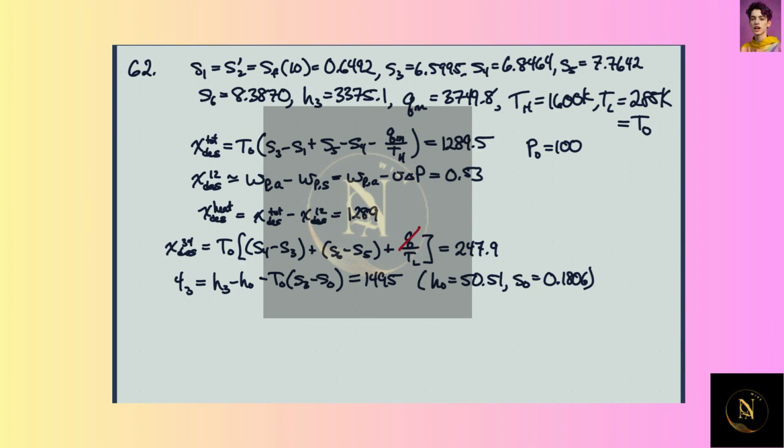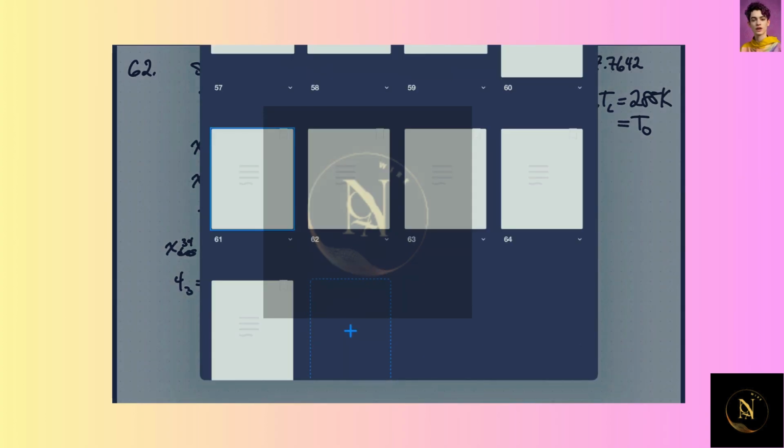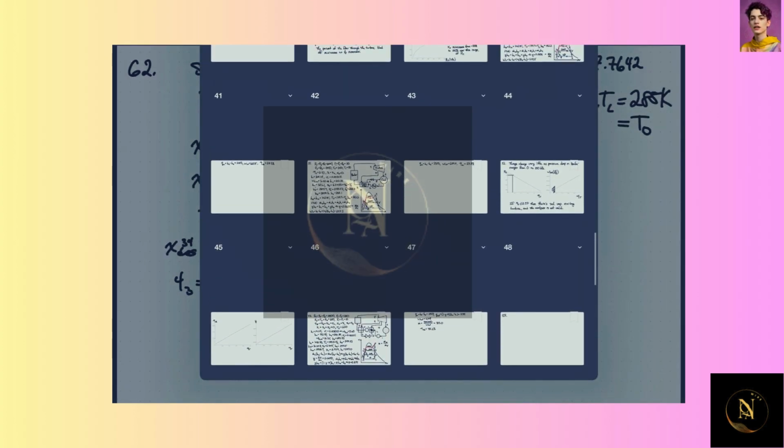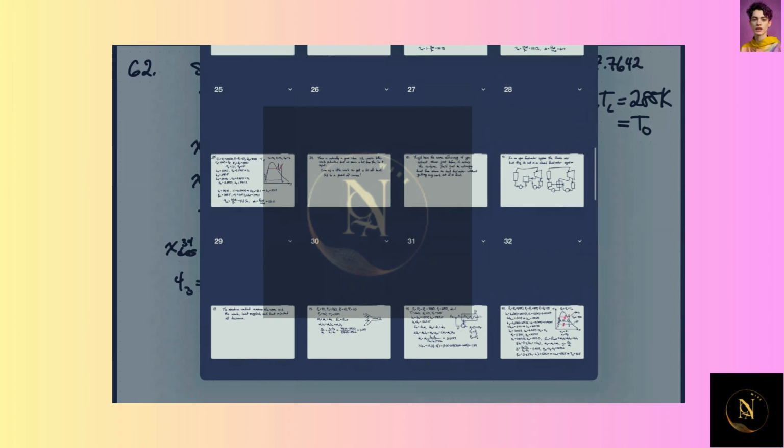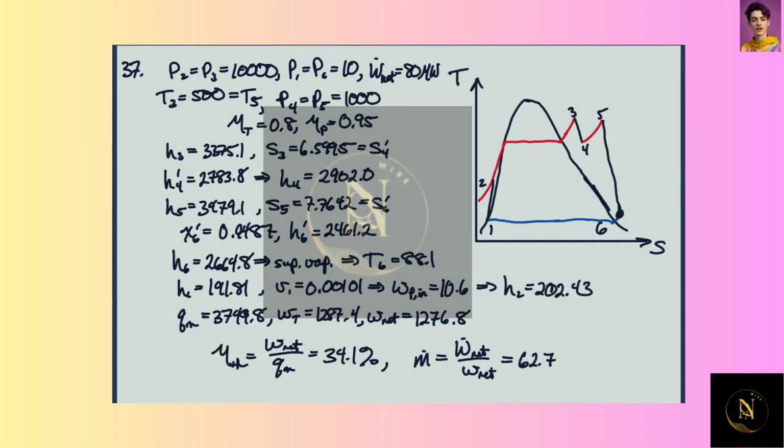let's go back to problem 37 and take a look. I didn't draw a diagram of it, but we have the pump and the heating. So from here to here and then here to here, we have heating. These were not isentropic, so we have some losses there.